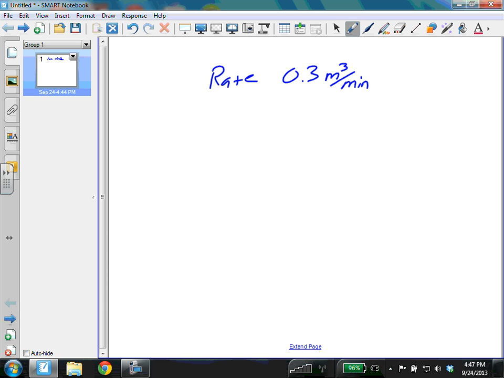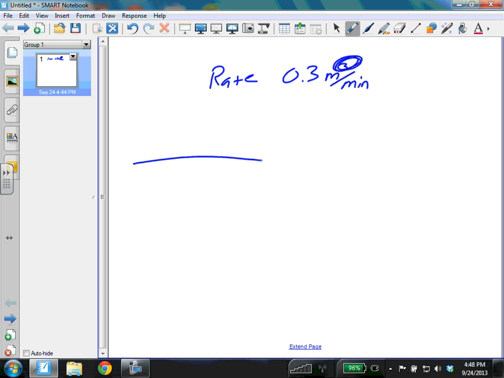Now when you see meters cubed, that is a clue to you that we're in a third dimension. Okay, so you measure distance in one dimension. You know there's just one aspect to a distance, it is a straight line. When you measure area, you measure it in two dimensions because there is both a length and a width.